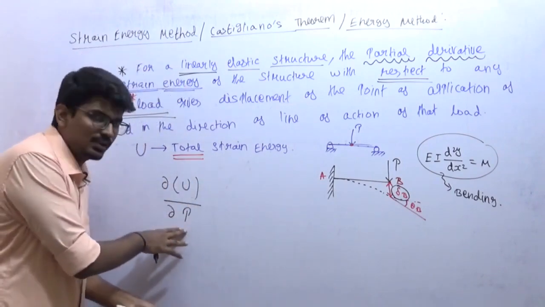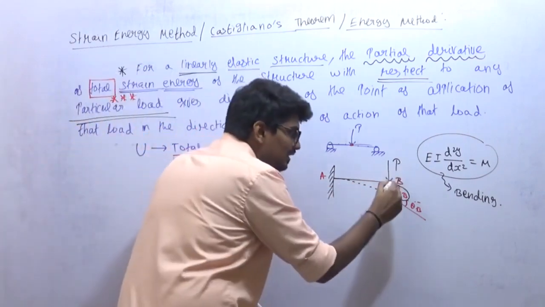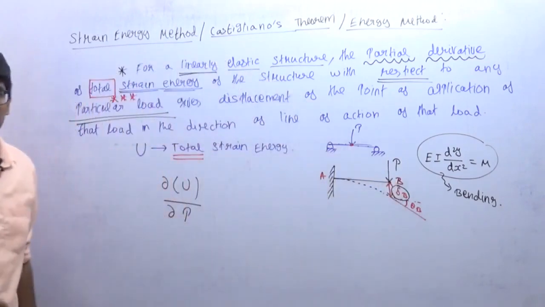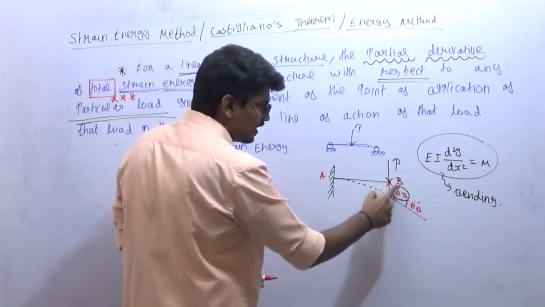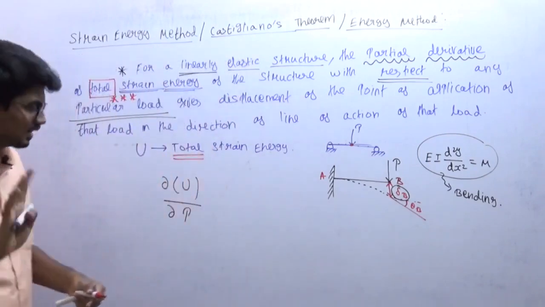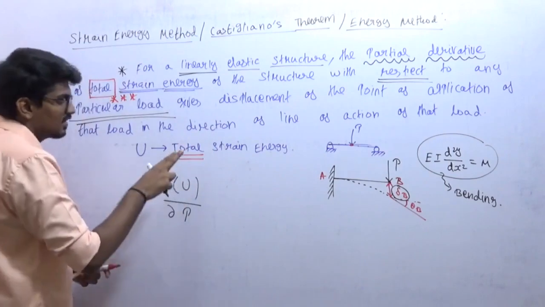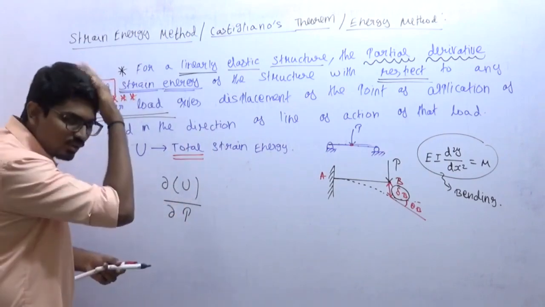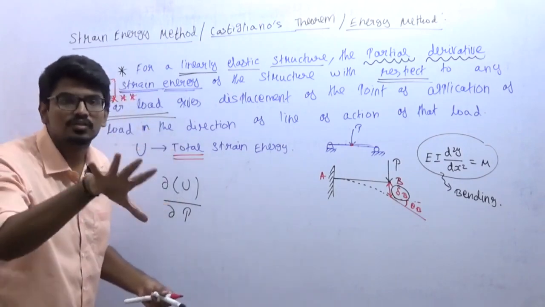Which load do I need to use? The load which is acting at the point where I need to find the deflection. So if I want to find deflection at point B, I need to use load P only. Total strain energy should be differentiated with respect to that load.